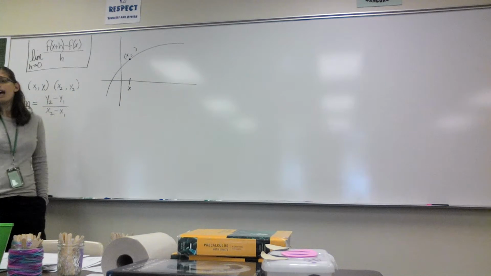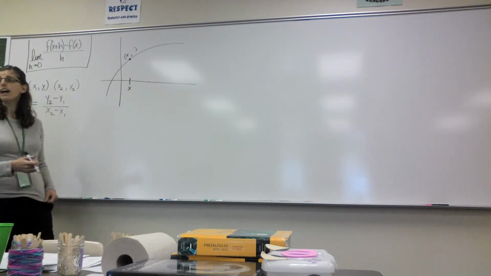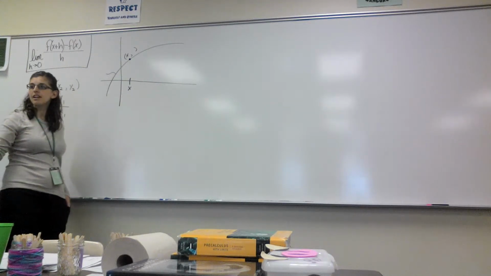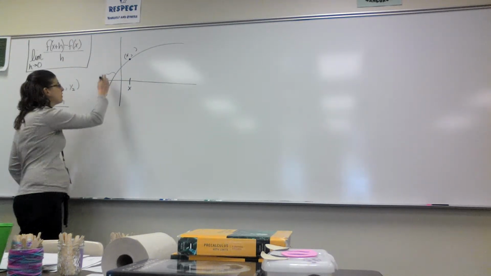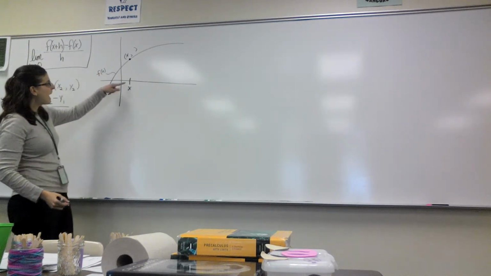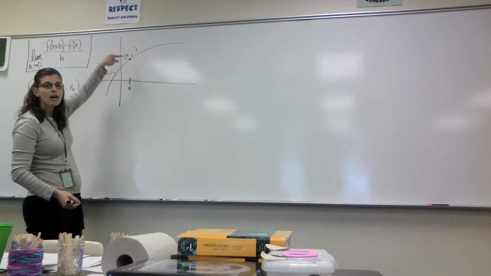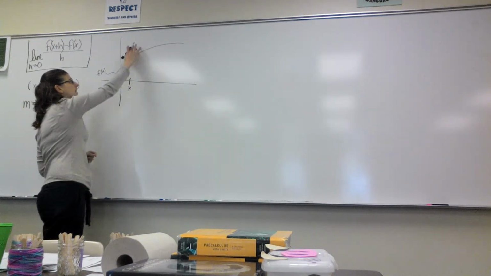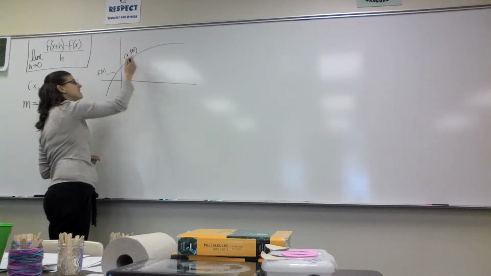Okay, if you said y, that would be correct also, but we can call it f of x. And our notation here uses f instead of y's, so maybe I'll go ahead and do that. So this function is called f of x. That means that at x, I have a corresponding height of f of x. Okay, so this point would be x, f of x.